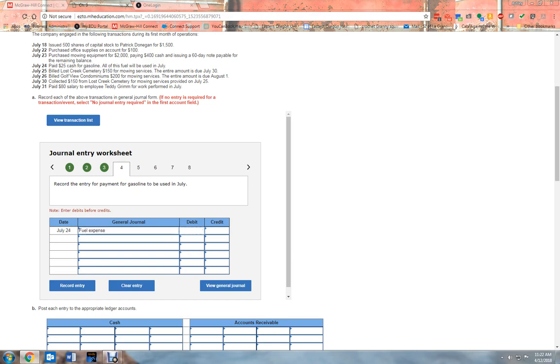So I know that my fuel expense has to be my debit account. According to Alice, an expense account is a debit to increase. Our fuel expense has increased. So $25 debit entry. All the fuel will be used in July, so we know that's an expense. I paid cash. Cash is an asset. To decrease it is a credit entry.